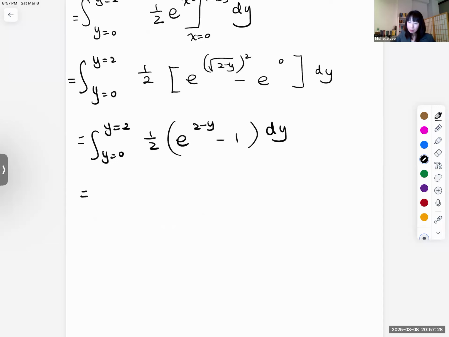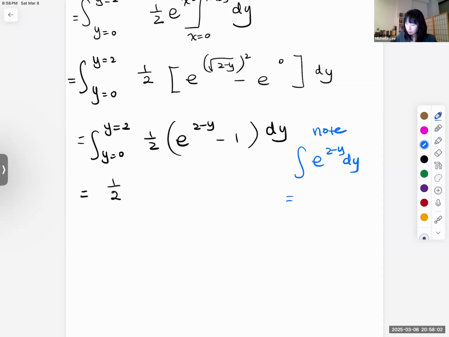So there will be 1/2. So we want to integrate e to the 2 minus y dy. So using this method, we just simply insert the negative, right? Because by using chain rule, right?